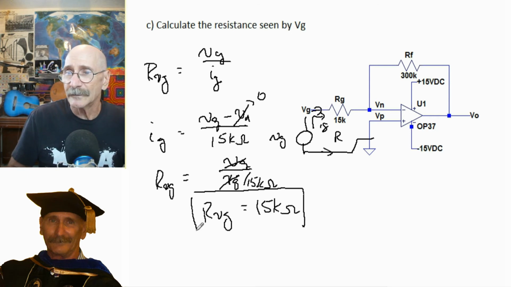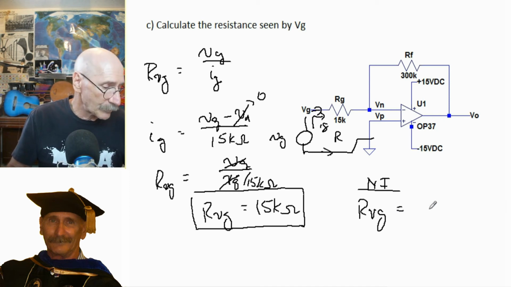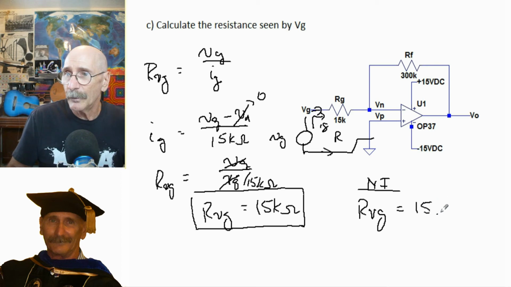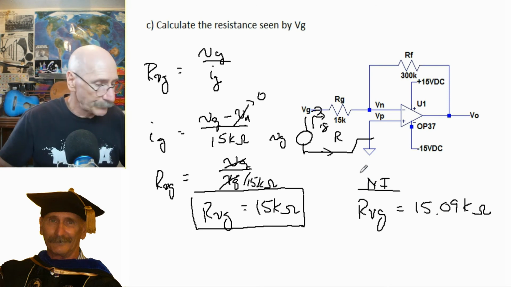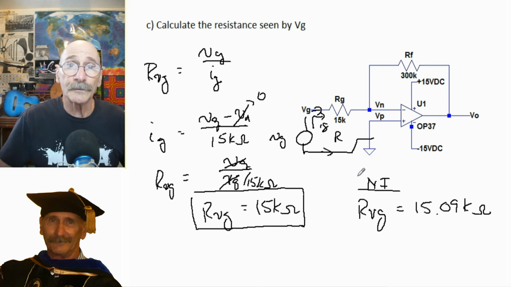And that is the answer to part C. When compared to the non-ideal case, we got R Vg equal to 15.09k ohms. So it was very close, and that completes this problem.